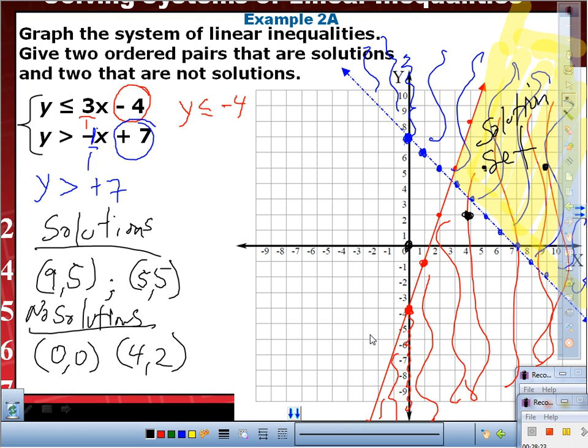Hold on. Remember, for it to be a solution to the system, it has to be true for both. In order for it not to be a solution, it just can't satisfy both. So therefore, this is not a solution. That is correct. Everybody understand? Both are not solutions to that system.